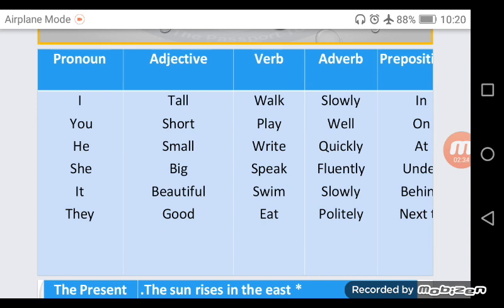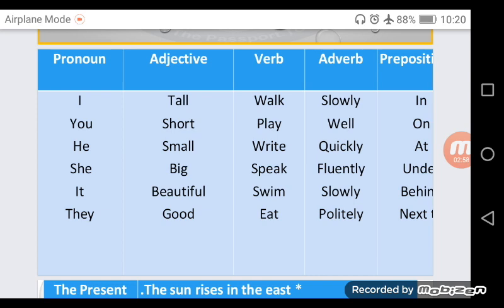That student is good. Verbs tell us about the action. They play football every day. I speak English. You swim well.